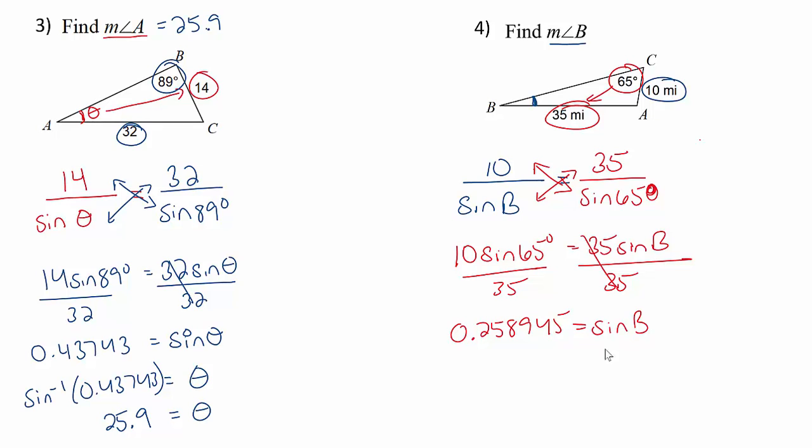But remember that I'm actually taking the sine inverse of both sides. So the sine and inverse sine of all of this, these two cancel, and I get that B, angle B, is equal to what I get when I do this in my calculator, which is going to be 15.0. So the measure of angle B is equal to 15.0.